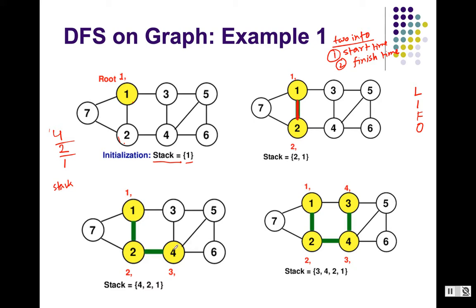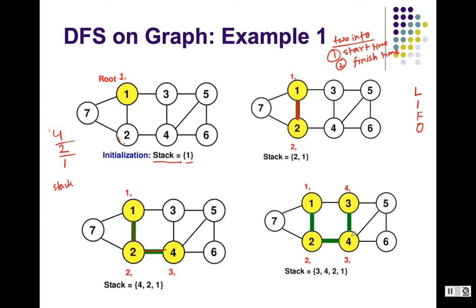Now let's see, from 4 we are going to 3. Its start time will be 4. We are keeping track of the edges that we use to traverse the graph. They construct the DFS tree and are known as tree edges.